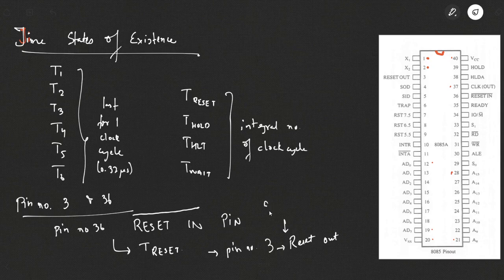If pin number 36 is active, and by active I mean it is active at the low state, that's when 0 is applied to it. So pin number 3, reset out, also becomes active.